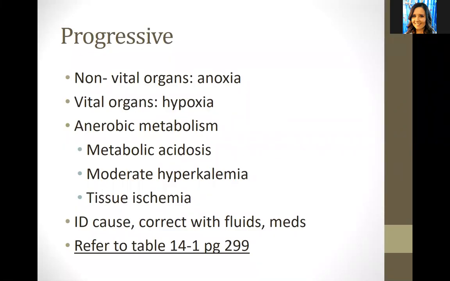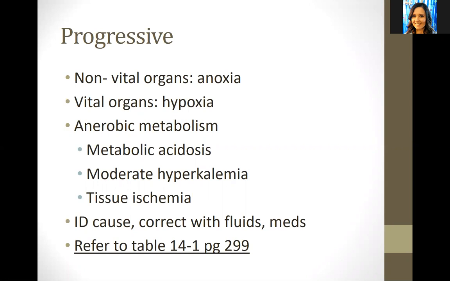So in the progressive stage, with that shunting of blood, all those non-vital organs have anoxia. So we're not talking about hypoxia, we're talking about anoxia, so without oxygen. Those vital organs are going to be hypoxic. So now the heart, brain, and lungs, they're going to be hypoxic.